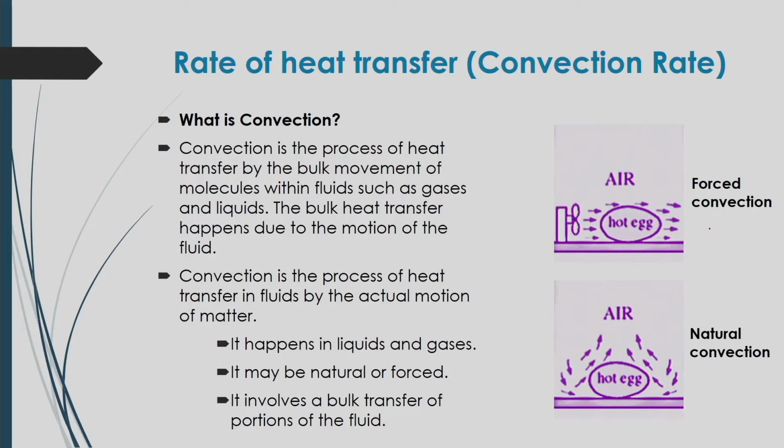Here in this slide, two pictures are shown. One is heat transferring from this plate by forced convection, where air will be flowing over the hot surface, or you can say that if there is a hot egg, how the heat will be convected by cold air flowing over the surface of this hot egg, and how heat will be transferring from the hot body of the egg to the surrounding cold air.